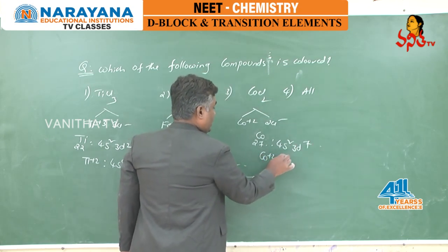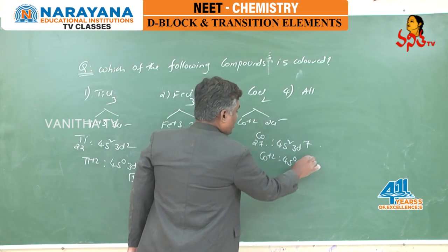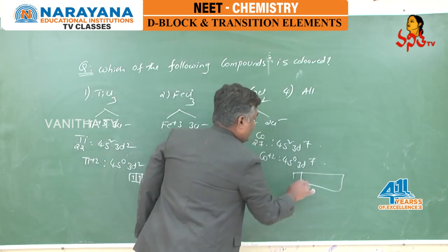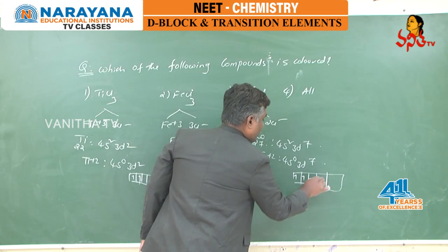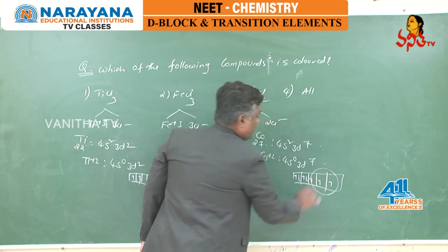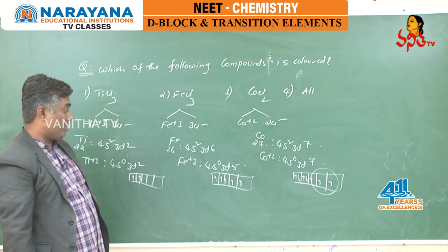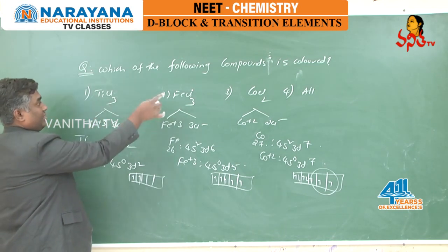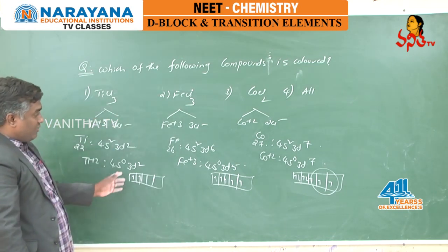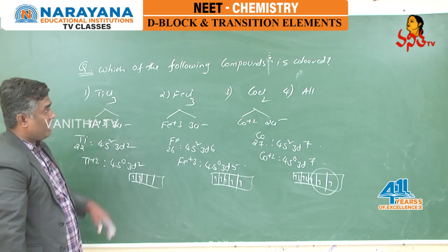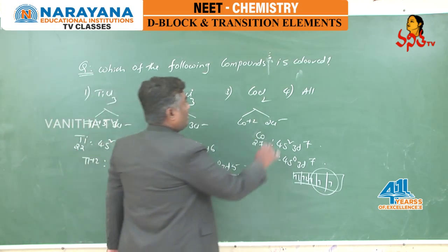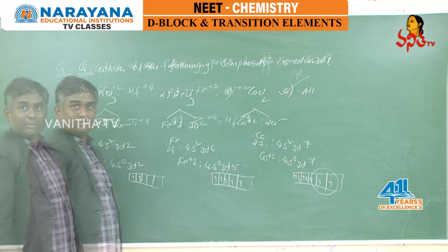Cobalt plus 2 is given, 4s0 3d7. d7 means 1 2 3 4 5 6 7. Unpaired electrons are present, it exhibits color. So in the first, second and third, in all the cases you can find unpaired electrons in the transition metal ions. So all are exhibiting color. So the answer is the fourth option.